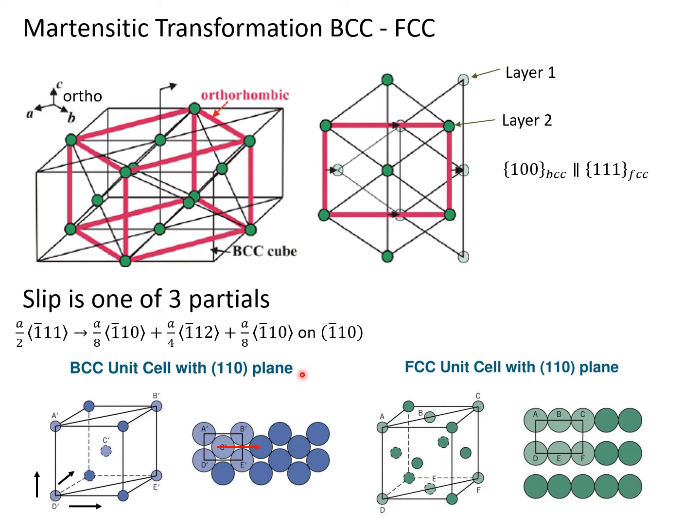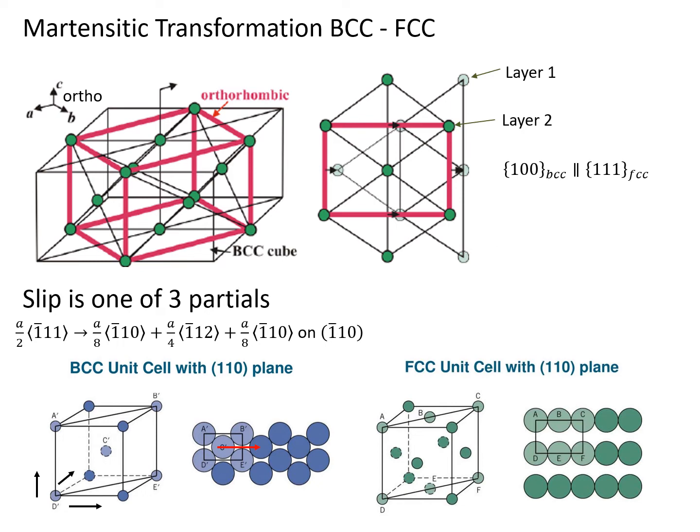What we also have in the BCC is the possibility of a martensitic transformation. This is a little bit harder to describe, but if we imagine a structure like this, which you can think of as in effect a body-centered cubic lattice, we can draw on what would be an orthorhombic lattice on top.